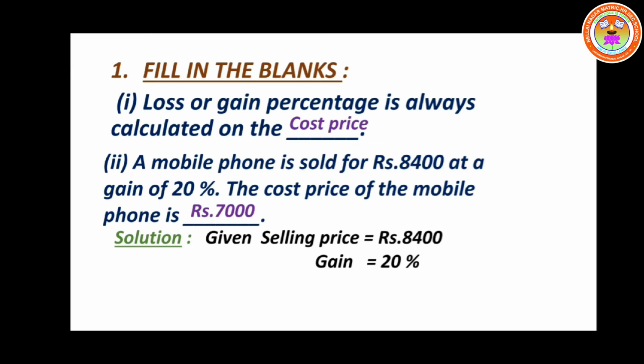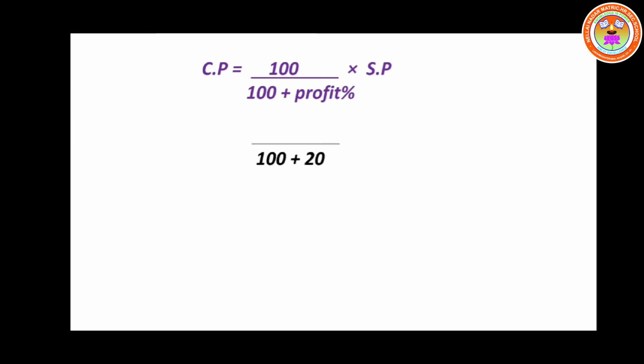Solution. Already I told you sold means selling price. So selling price equals rupees 8,400 and gain is equal to 20%. So you can write cost price is equal to 100 divided by 100 plus profit percentage into SP, the formula you can apply.